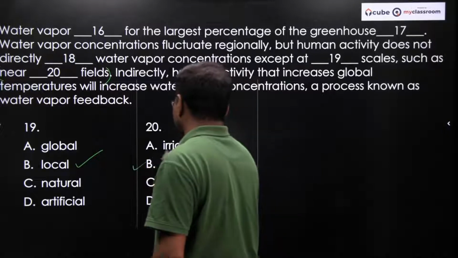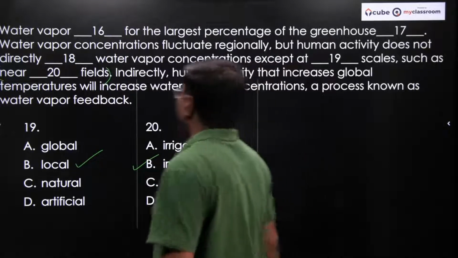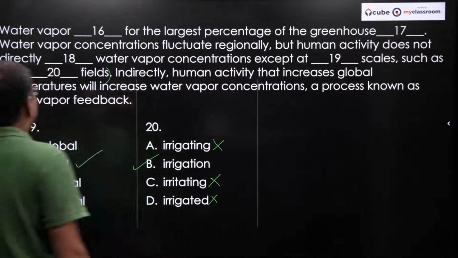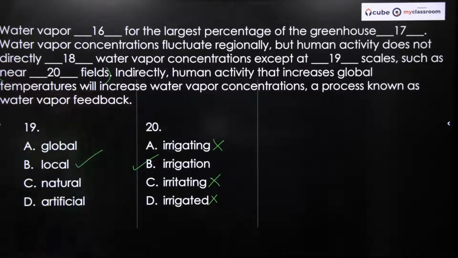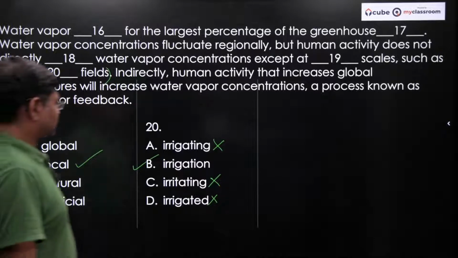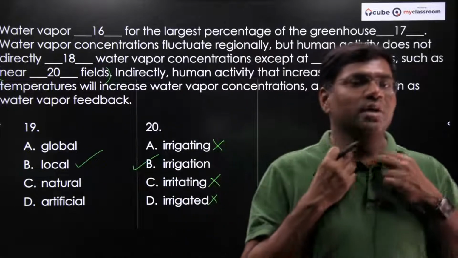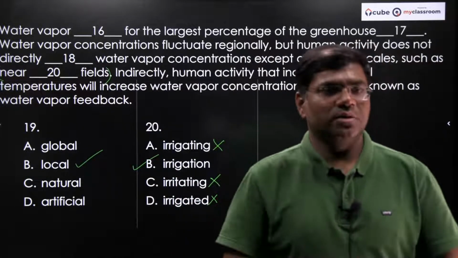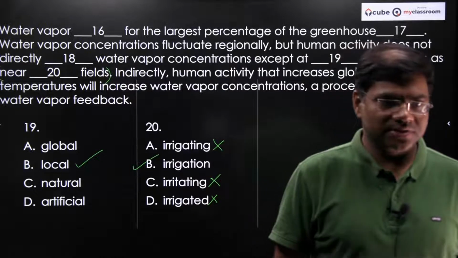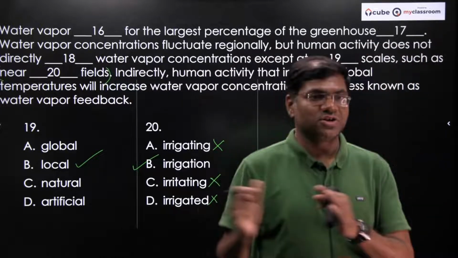So this is the right answer, correct? It says here that water vapor concentrations except at dash scales, at local scales such as near irrigation fields. ठीक है? So this is how you have to use. The irrigation is basically a type of field जहाँ पर आप crops उगाते हो. So basically the fields are irrigation fields.